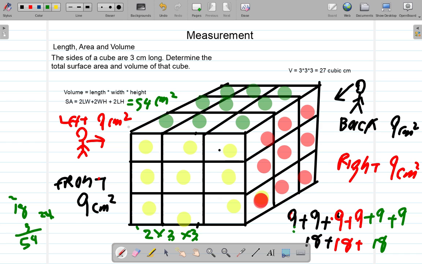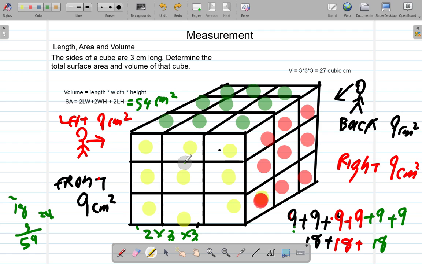Now, if I consider here the length, if I consider this to be the length and this the width, we will be talking about the top and bottom for this part. Width and height. If I consider this to be the width and this the height, what we're talking about is the front and the back. 2 times the width times the height, because the front and back have the same area.